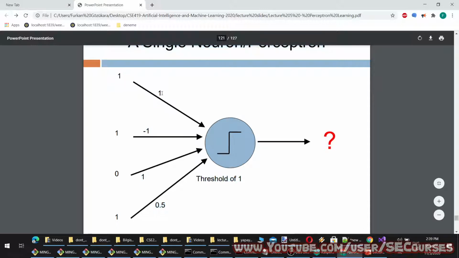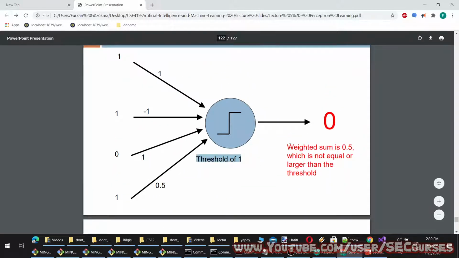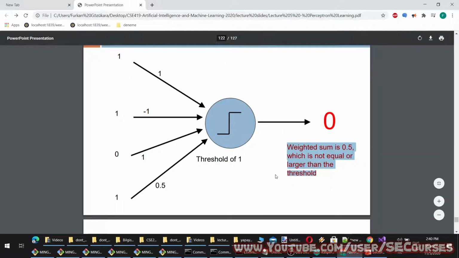You see if the threshold is 1, then 1 times 1 is 1, 1 times minus 1 is minus 1, 0 times 1 is 0, and 1 times 0.5 is 0.5. So when we sum all of them, this is 0.5, and the threshold is 1, therefore the output is 0, because the weighted sum of 0.5 is not equal to or larger than the threshold.